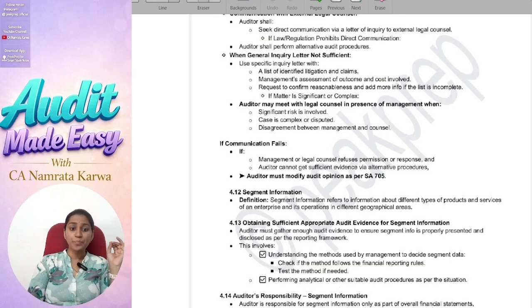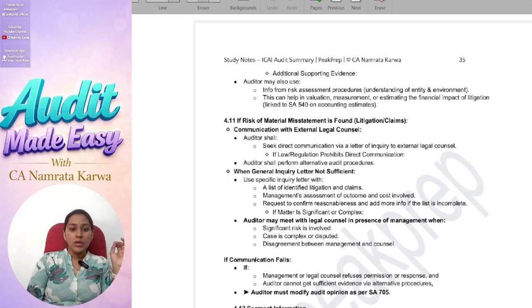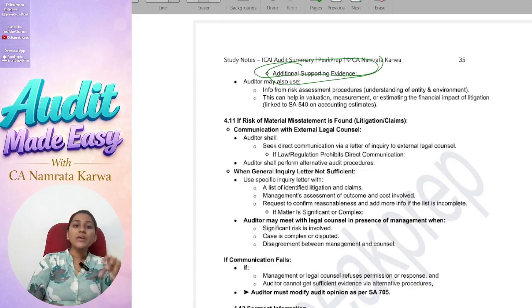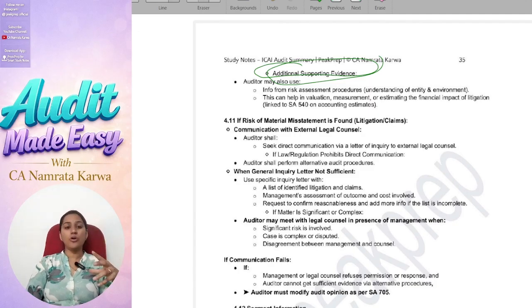Next, what does it say? Additional supporting evidence. Whatever evidence you are getting, you need to make sure that you attain all the external supporting evidence also. For example, if you are reviewing the legal expense account, there might be some postings which have been created.